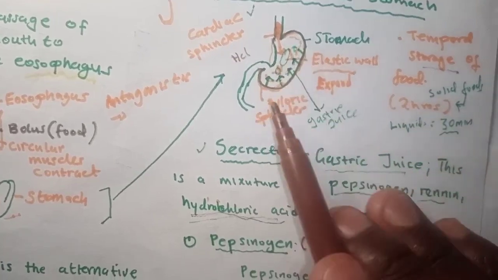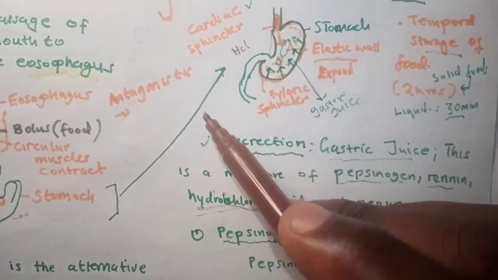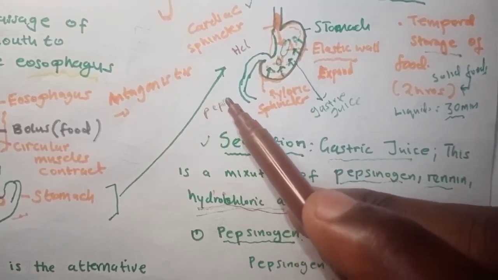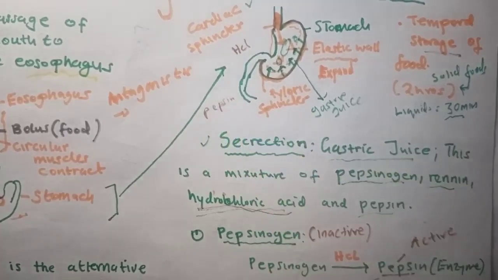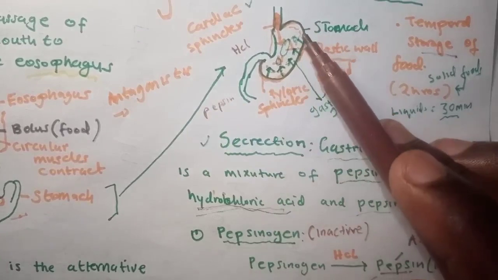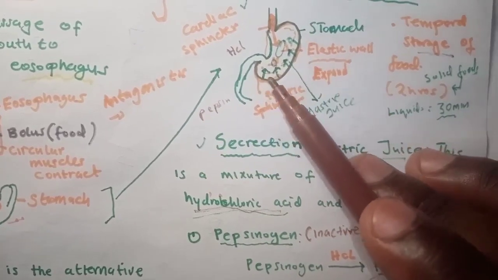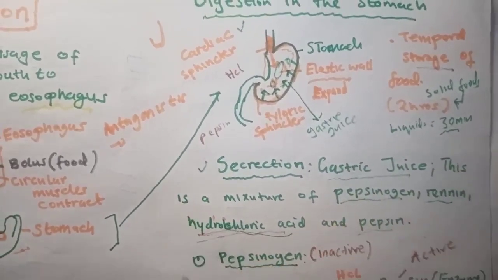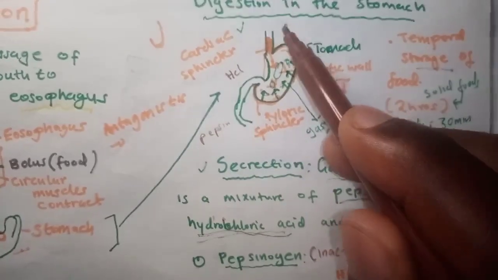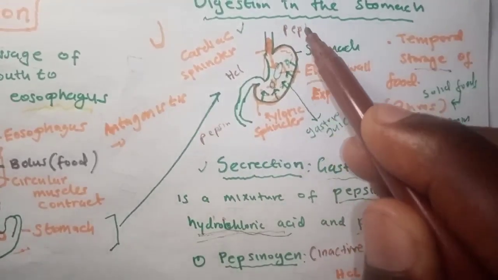Together with pepsin, these two are able to cause great damage to the stomach walls, and this condition usually results in what we call peptic ulcers.